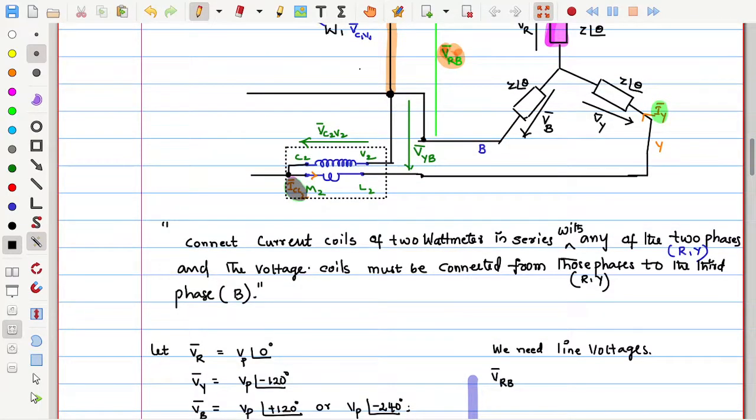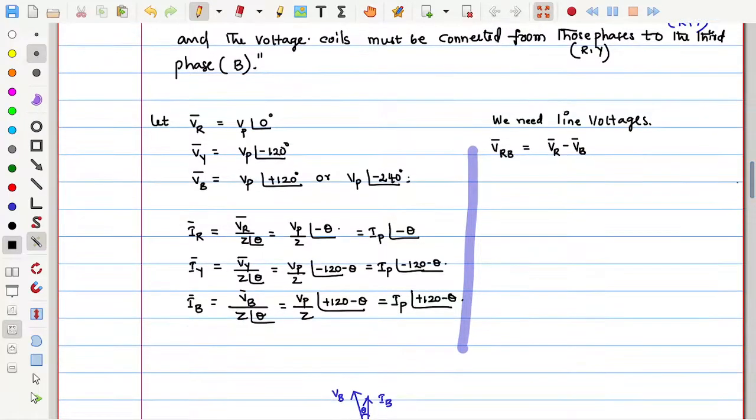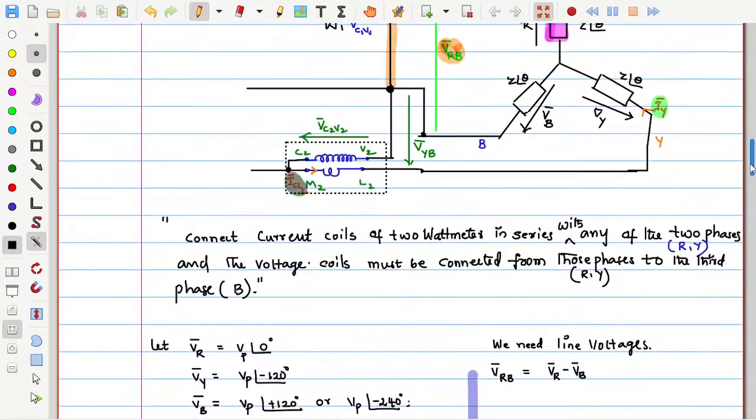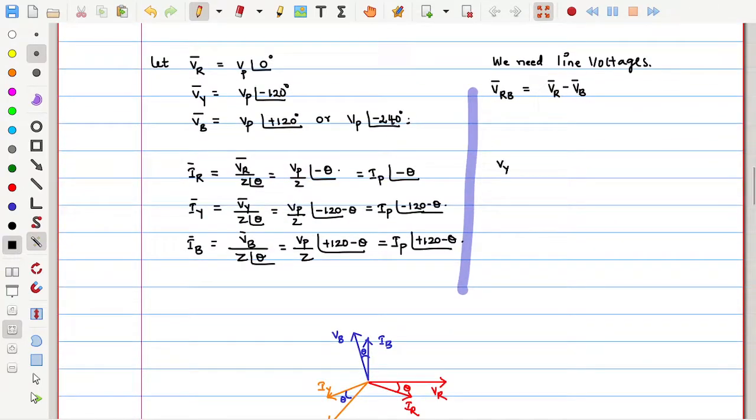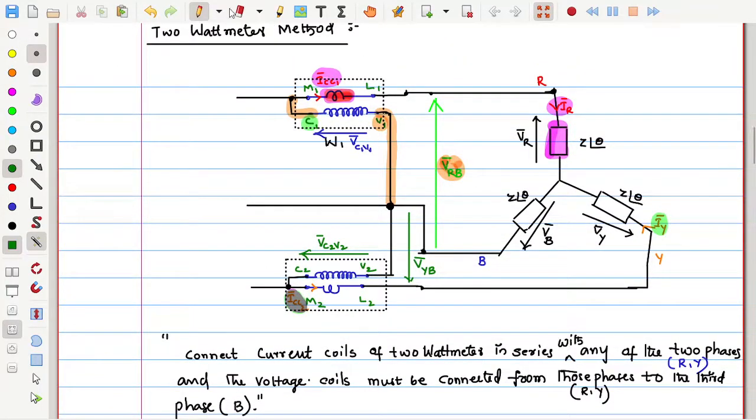So how you made the connection, that all depends. So now VRB, how can I write VRB? Can I write VRB as VR minus VB? Similarly, what is the other line voltage? VYB. VYB is equal to VY minus VB. How I am writing is simple KVL. See here, if I start over here and move in this way to reach B, VR minus VB.